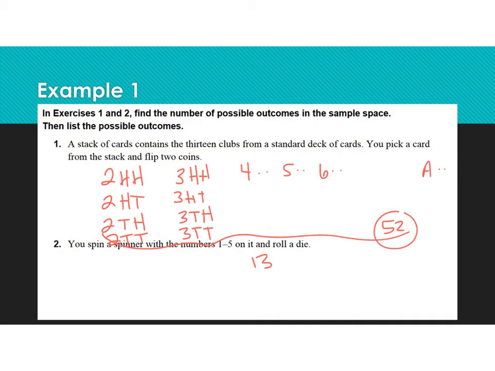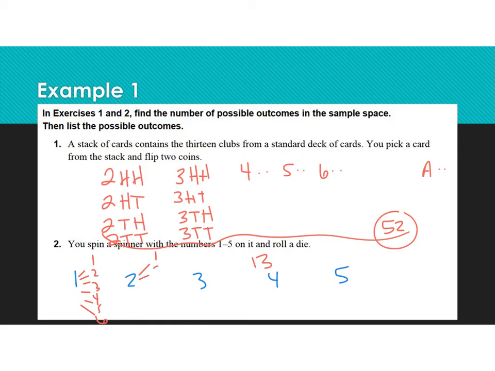So below that, you spin a spinner that has the numbers 1 through 5, and you roll a die. Okay, well, let's look at those. So the spinner could land on 1, 2, 3, 4, or 5, but then your die can land on 1, 2, 3, 4, 5, or 6. So I could get a 1, 1, a 1, 2, 1, 3, 1, 4, 1, 5, 1, 6.